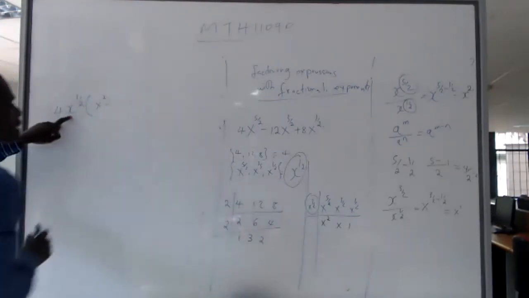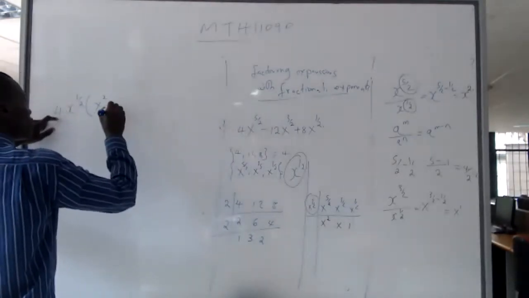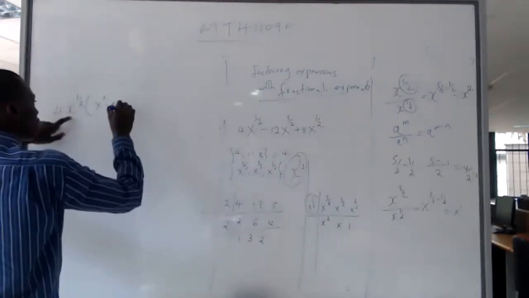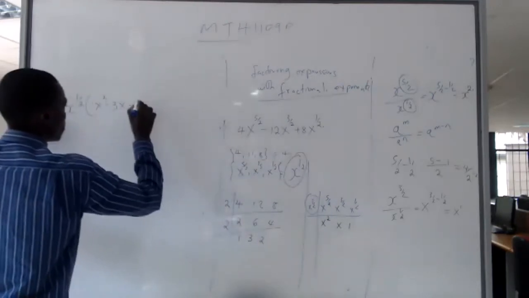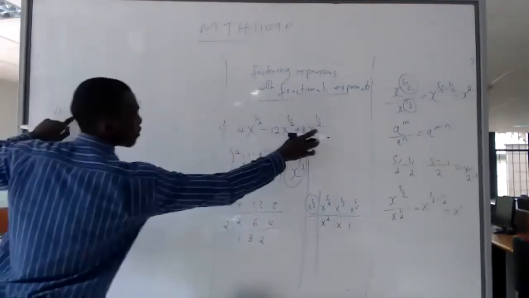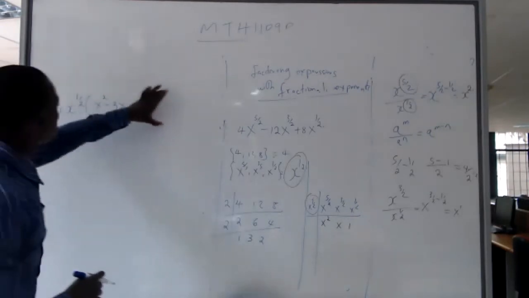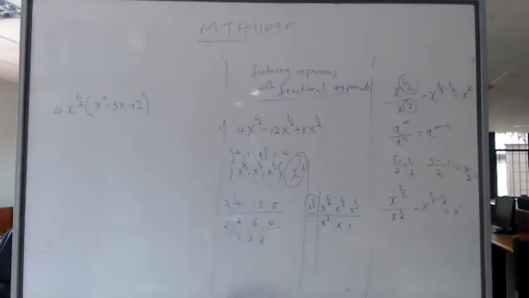If you remember our table there, 4 goes into 12 three times, so we have 3, and x power 1/2 into x power 3/2 gives you x power 1. Then plus, 4 goes into 8 twice, and x power 1/2 divides this once. So that is your first stage of the factorization. And remember, if you want to check that you're correct, just expand this and see if you get back the original expression, okay?